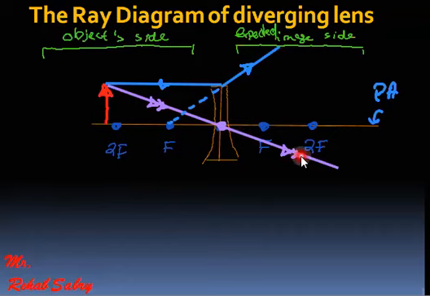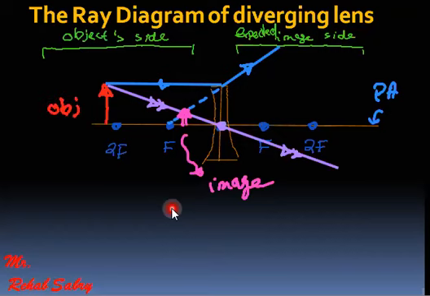So what will meet each other? The extensions. So the extensions meet each other here, and the image is formed here. This is the image. This is the object.